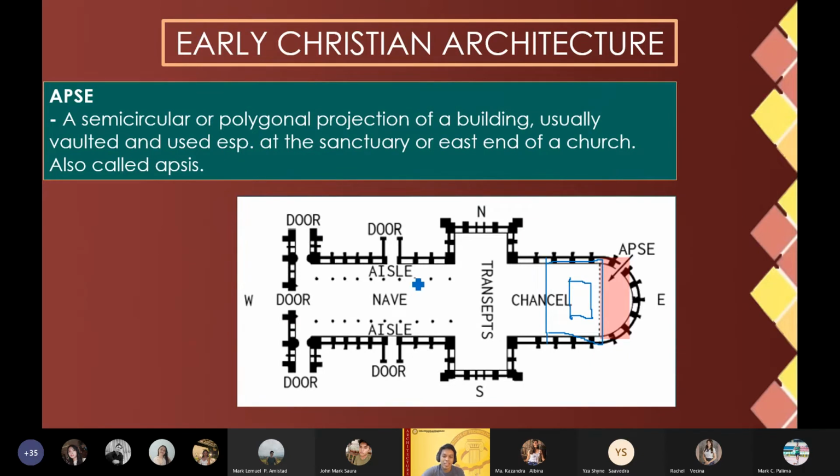Maybe they are not literally along east, because it also depends on the site. So you adjust a little, but the orientation is more or less east-west for the entry and the altar. Another term for the apse is apsis. Don't forget this term.